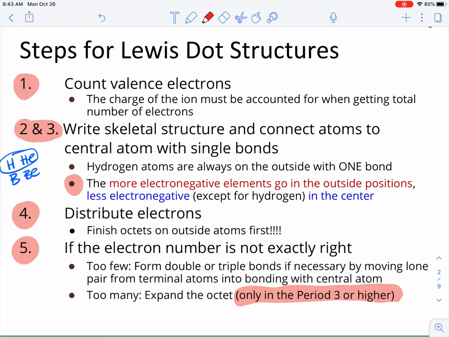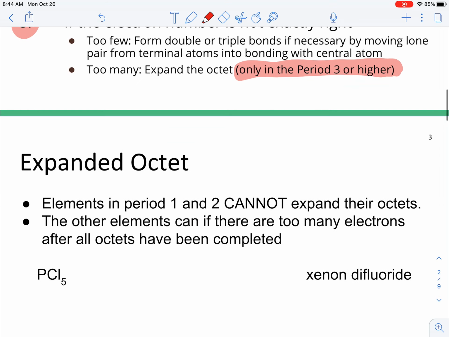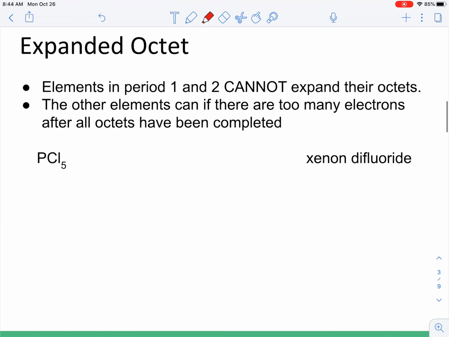That's 5 orbitals that can hold 10 more extra electrons. So those elements can actually have more than an octet because they have those extra orbitals to put them in. But again, only in period 3 or higher. Elements in period 1 and 2 cannot expand their octets. The other elements can if there are too many electrons after all of the octets have been completed.